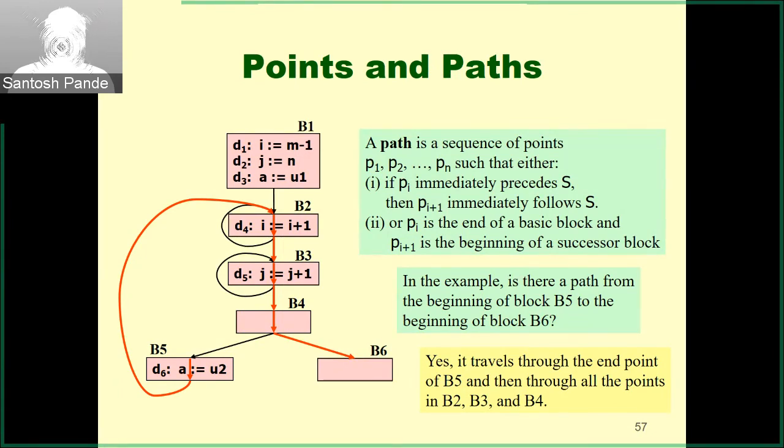So in short, the control flow provides the paths along which the data flows, and the data is carried by the names of these variables. Some data is delivered here and some is delivered there. Some data cannot get delivered because a new definition of that variable occurs and the old data is gone. For example, if this I were redefined in the next statement here in D2, the value of I would be immediately lost because it will not be M-1 anymore.